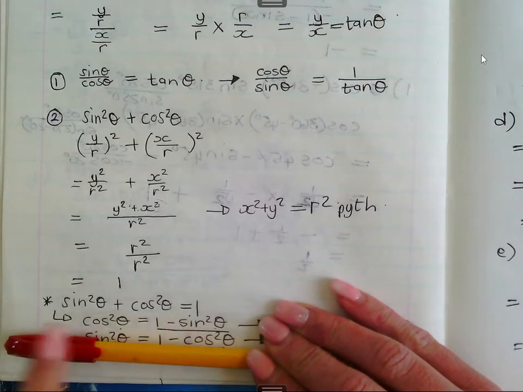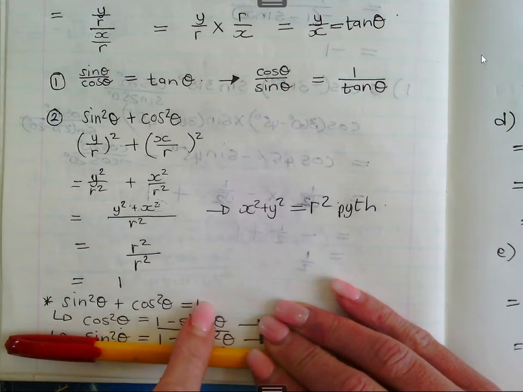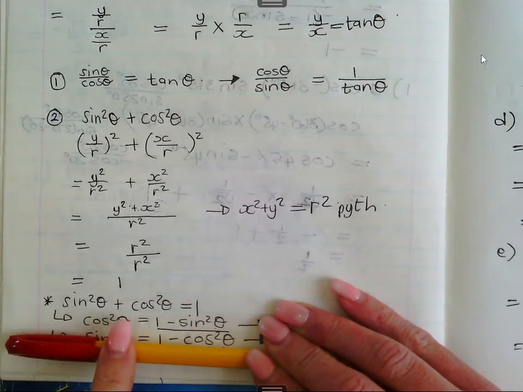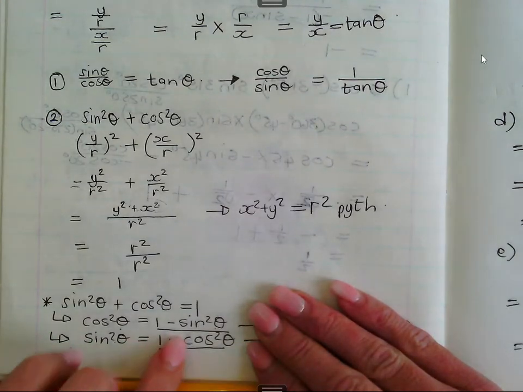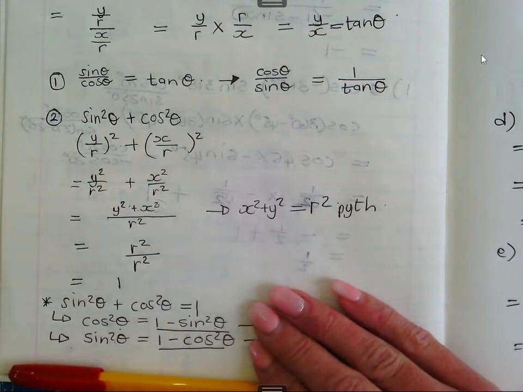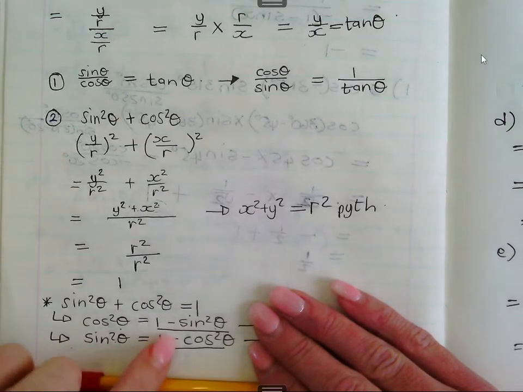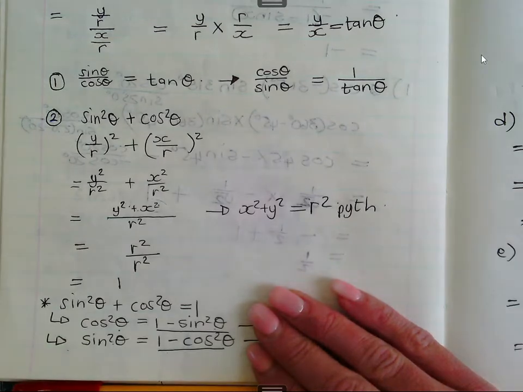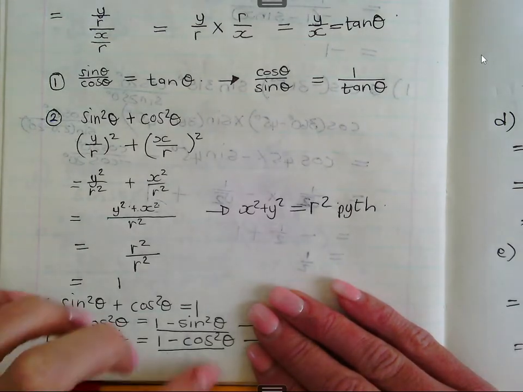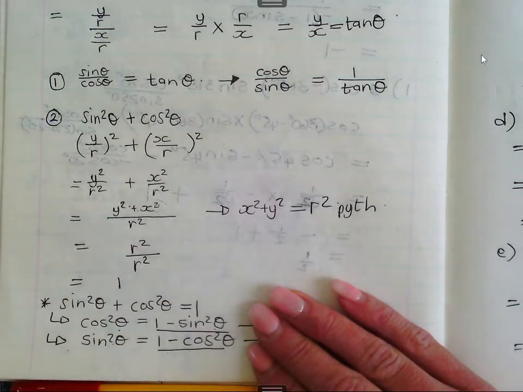I'm saying if those two added give me 1, then cos squared will be equal to 1 minus sin squared. Makes sense? And sin squared will be 1 minus cos squared. I just take the other one to the other side, and that's why it becomes negative. So the 1 is not negative. 1 must be positive, and the function squared must be negative.